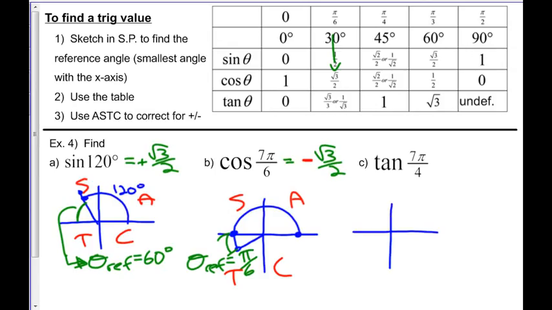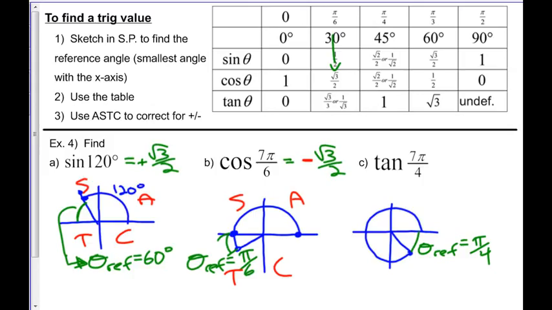Same thing happening over here, tan of 7 pi over 4. So 4 pi over 4 would look like this. Each one is another 45 degrees, so that's 5 pi over 4, 6 pi over 4, 7 pi over 4. This is going to be our theta ref here. It's 45 degrees, or pi over 4. And again, as soon as we see that it's something over 4, we'll know that theta ref is going to be pi over 4.